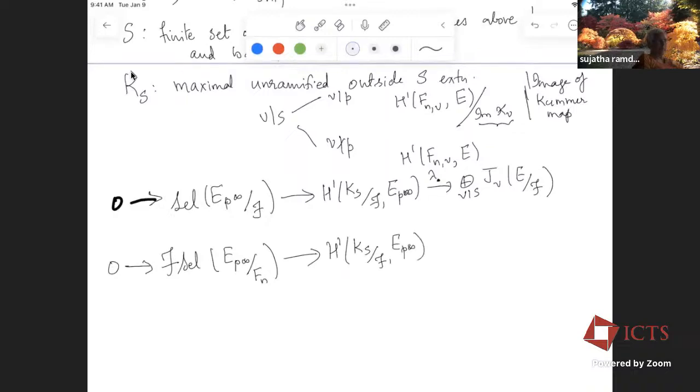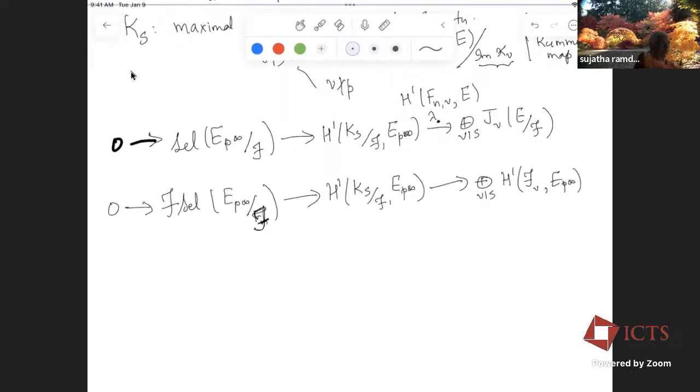The middle one is the same. And then this time I'm going to do this over F_V. I complete it at the primes above V, and then I put E[p infinity] inside. Again, I do it at the finite layers, then take limits. So then you get an exact sequence like this.